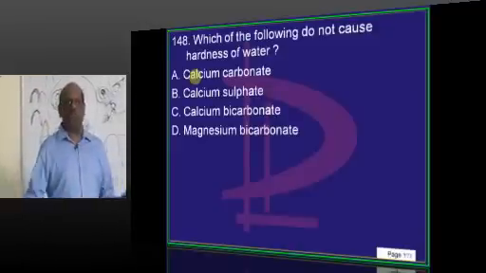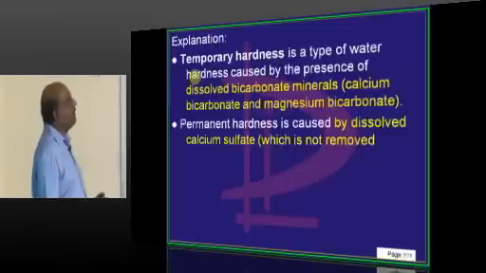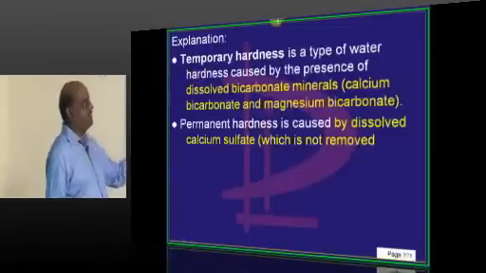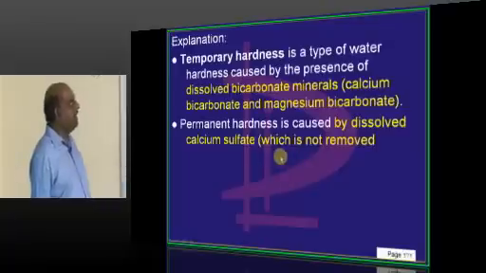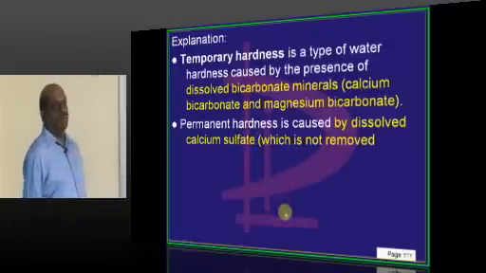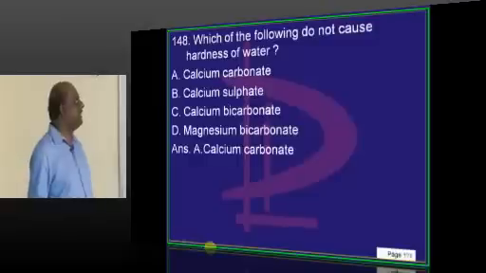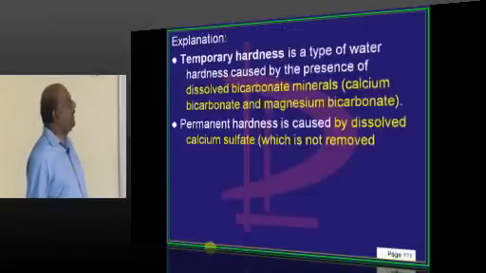Which will not cause the hardness of water? So you must be sure that temporary hardness is because of calcium bicarbonate and magnesium bicarbonate. Permanent hardness is because of calcium sulfate. So the types of hardness and what is responsible for the development of hardness, you must be quite sure about.